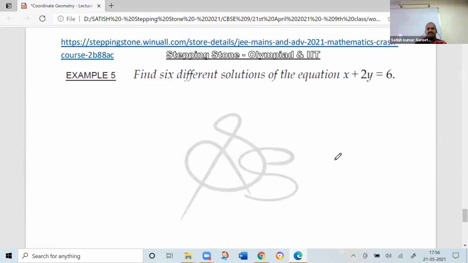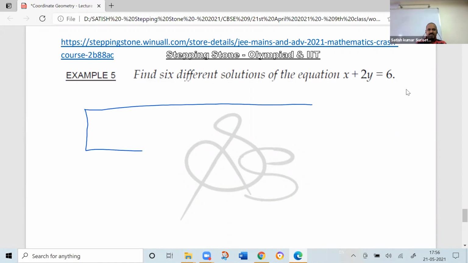Now, find 6 different solutions of the equation x plus 2y equal to 6. That means we need to fix one of the variables and find the value of the other variable. Let us draw a table.